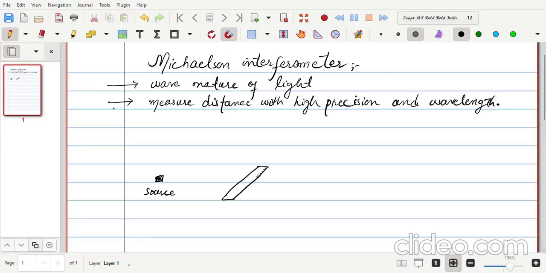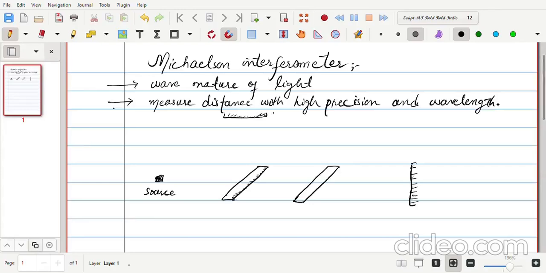Then there is a glass, and then a reflecting mirror, and another mirror is placed above the partially reflecting mirror.